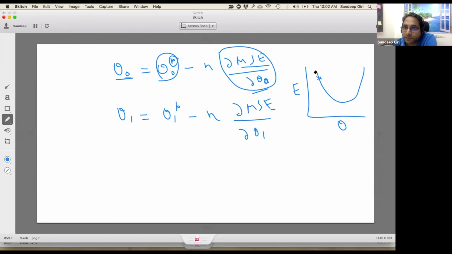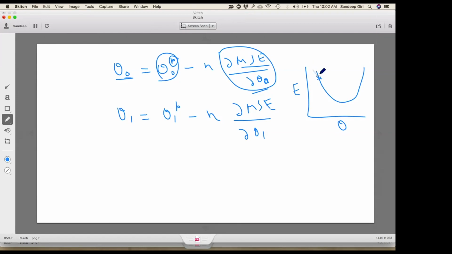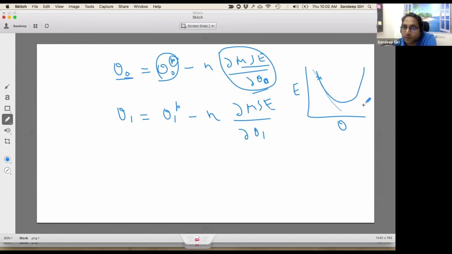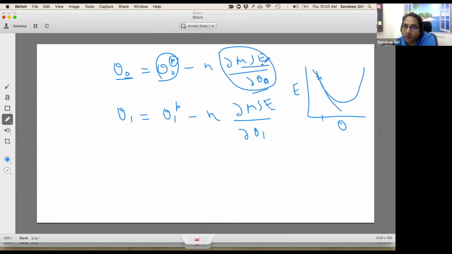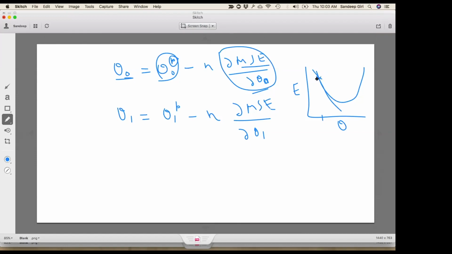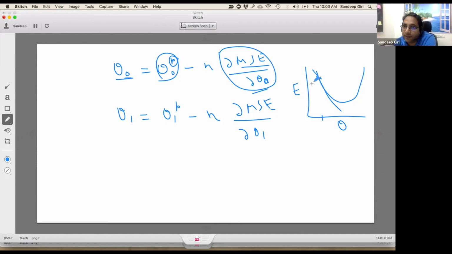The slope is going to be like this, so the error is going to decrease at this point. What is the gradient value at this point, negative or positive? On increase of theta, is the error going to increase or decrease? It will decrease, therefore the gradient will be negative, right?